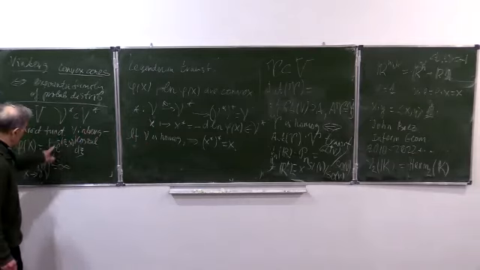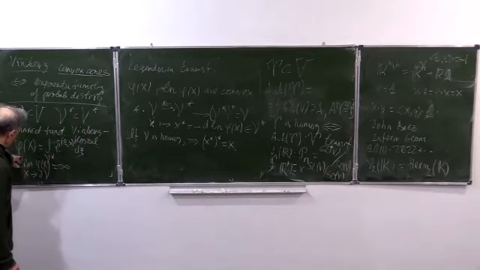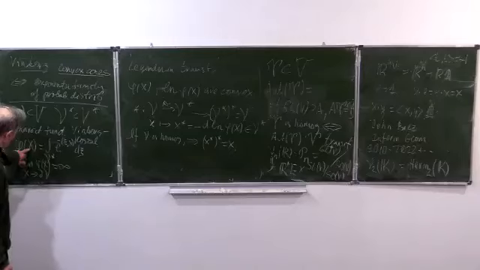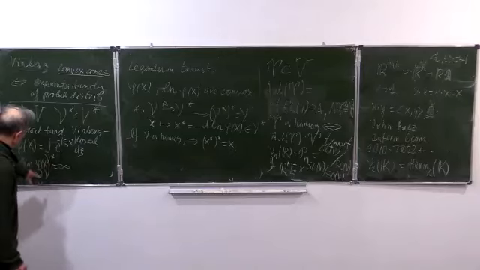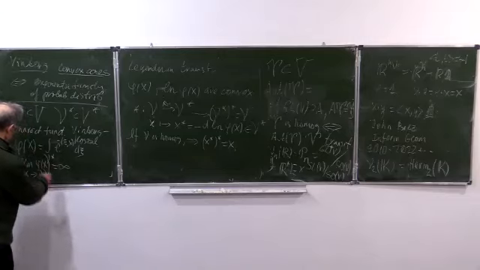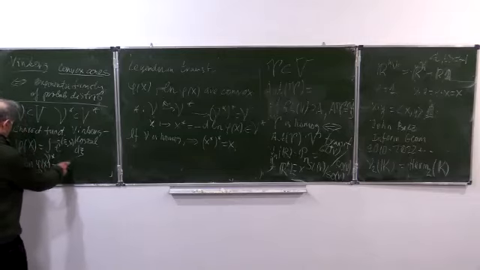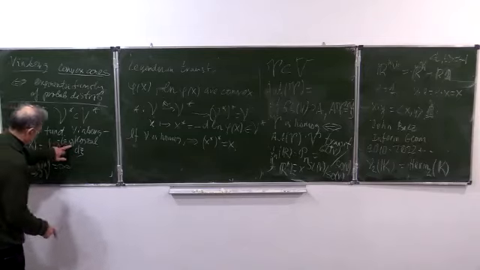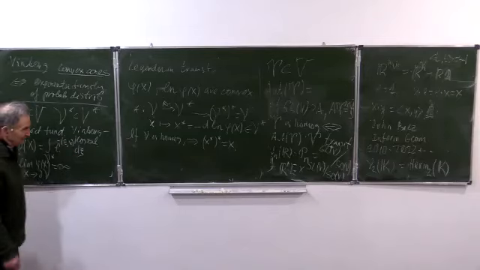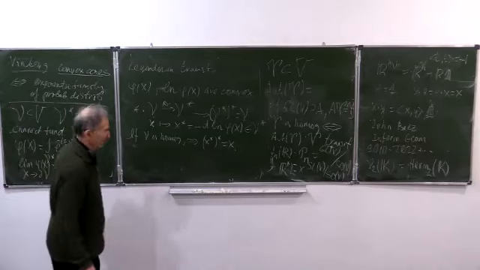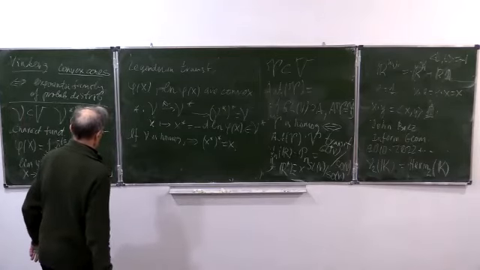Then you can consider this as a function on V star. You can integrate this with respect to X, and then you get a similar expression. So it is like this.